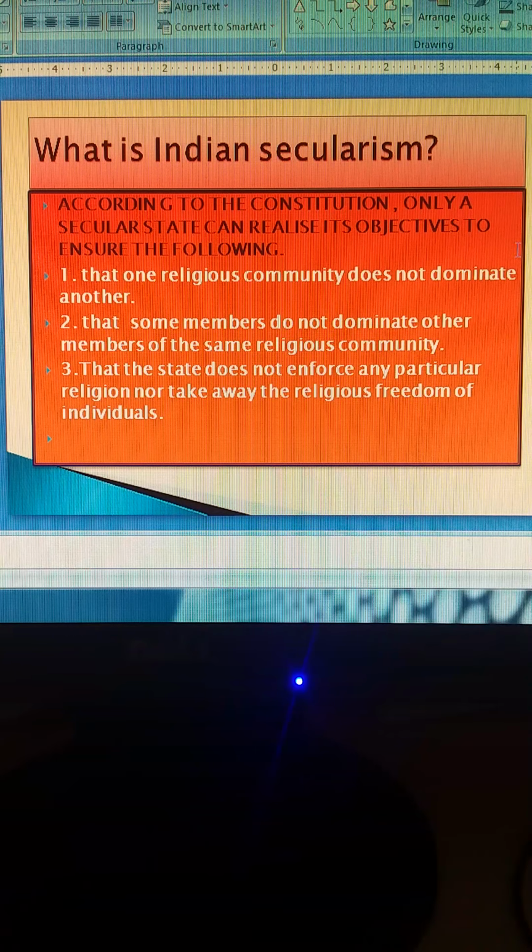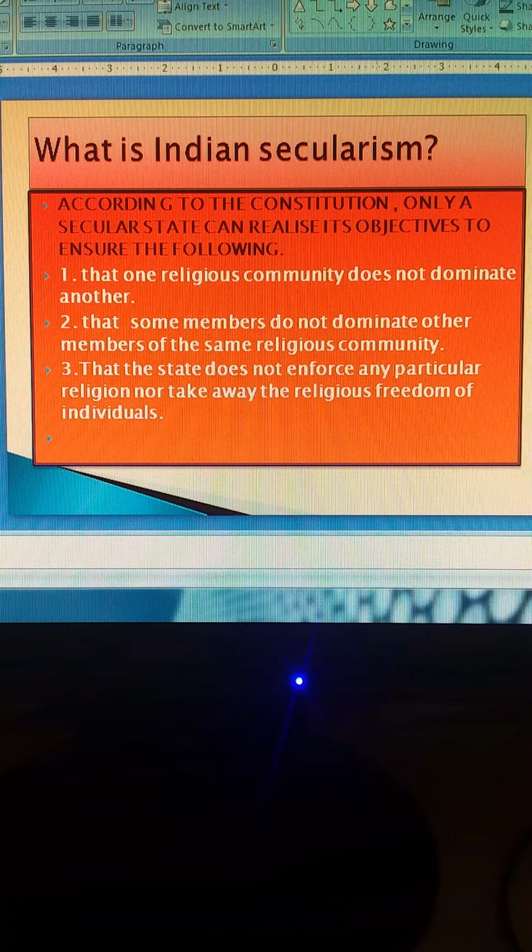According to the Constitution, only a secular state can realize its objectives to ensure the following. That is, one religious community does not dominate another. If one community, suppose it is Hindu and it is in the majority, it should not dominate the other with a minority religion. Second, some members do not dominate other members of the same religious community.